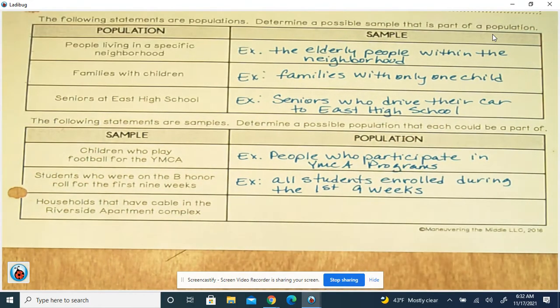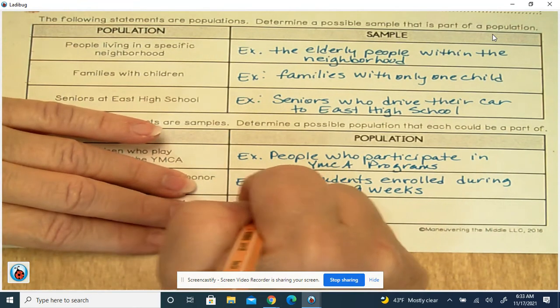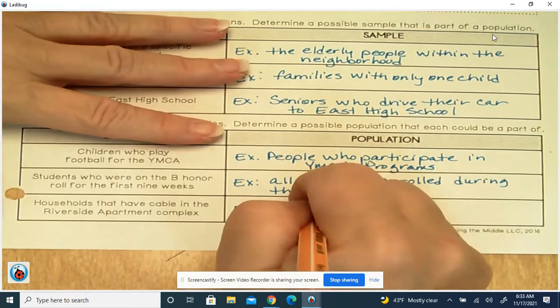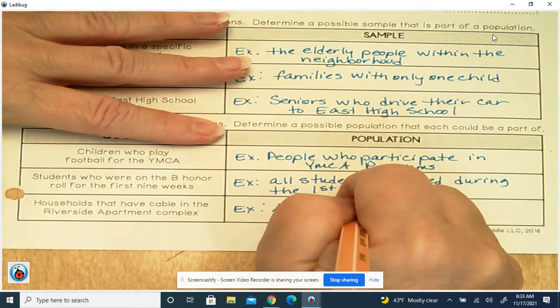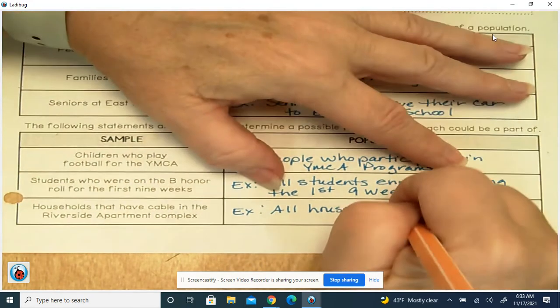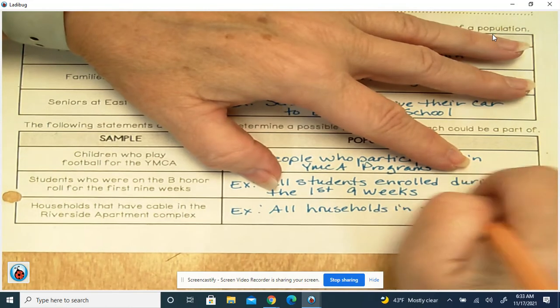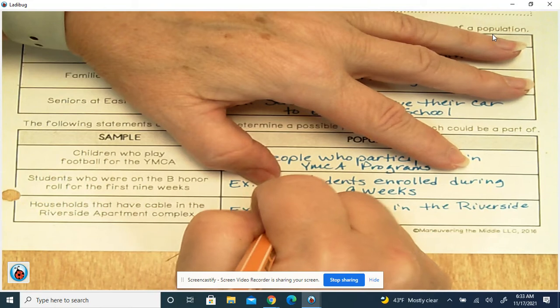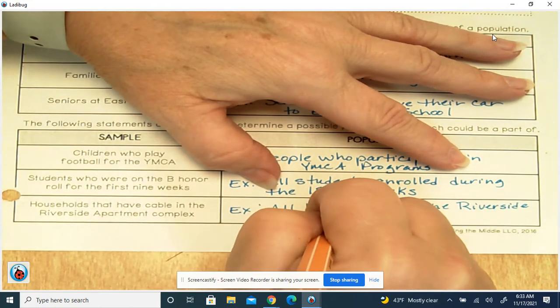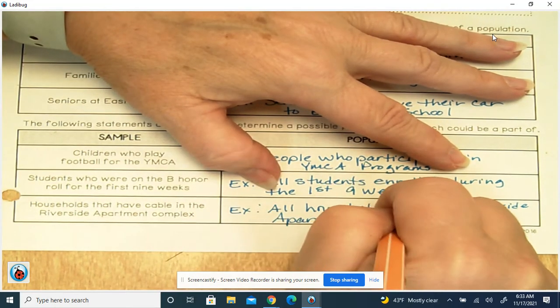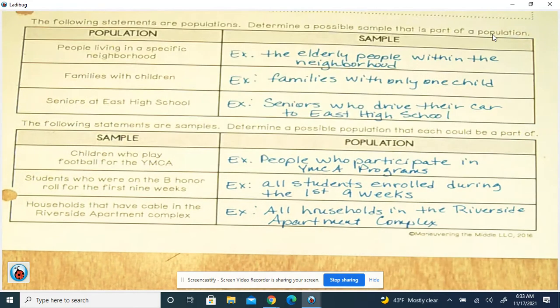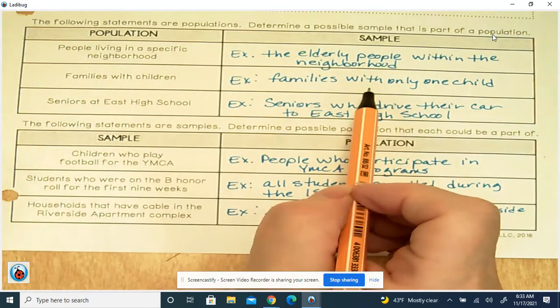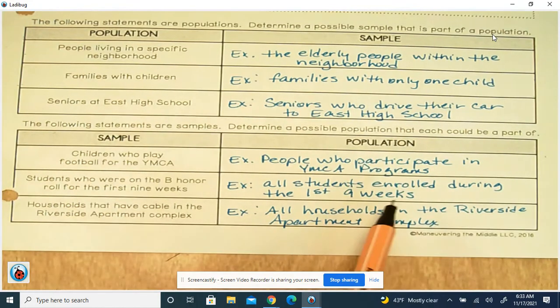All right. And our last sample, households that have cable in the Riverside apartment complex. That's a sample. So the population there would be all residents or all households in the Riverside apartment complex. So that's the difference from going from population to a sample, and then from a sample to a population.